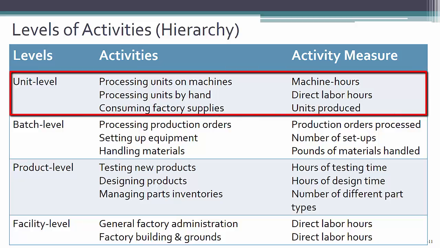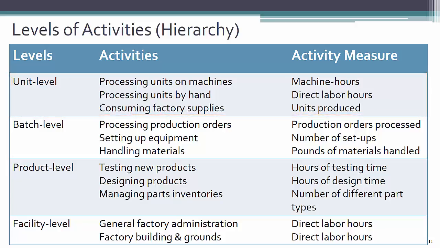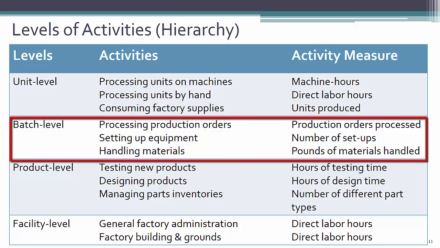For example, hand packing a bag of ground coffee or processing units on machines are unit level activities. We can measure these activities based on the number of units we produce, or perhaps find a correlation with machine or direct labor hours.